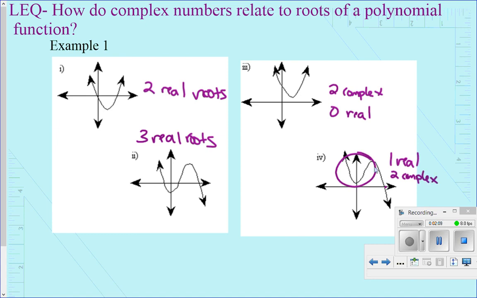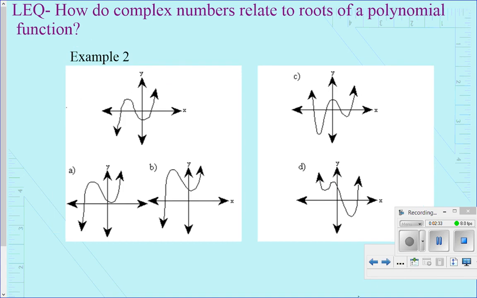Okay, so again, if you have a U that's either above or below the x-axis, I could have one down here, that would also be 2 complex. But if you have a U shape that's not touching or crossing the x-axis, then there are 2 complex roots as part of that U. And in this one again, there's 1 real.